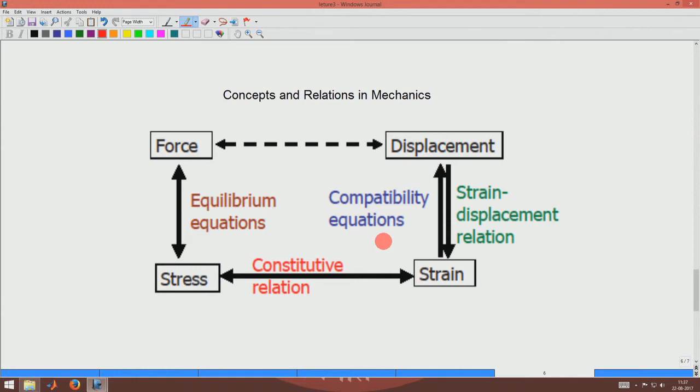Okay. So, now we are going to start looking at what this quantity force is. From a first course in mechanics, you would have seen what force is and what displacement is already. What is force then?